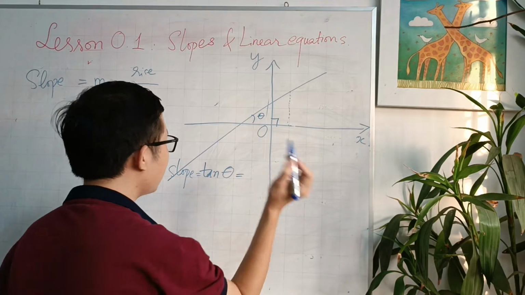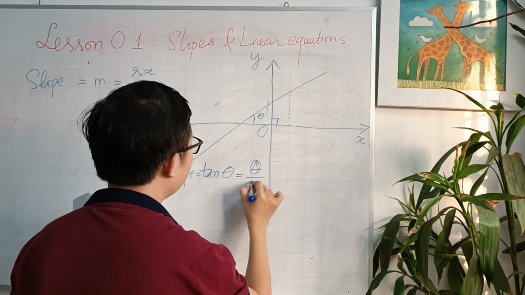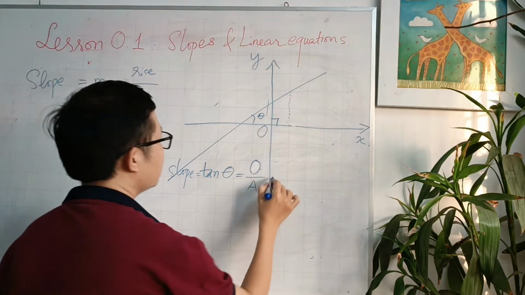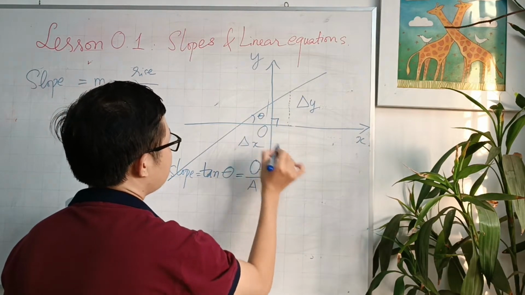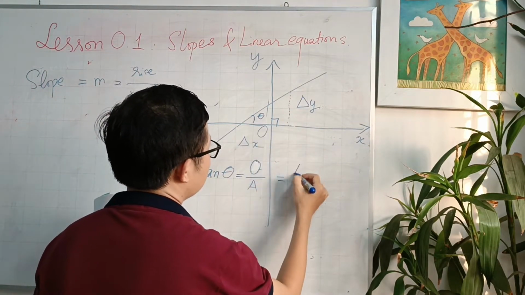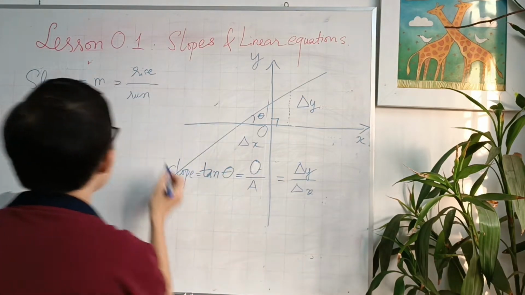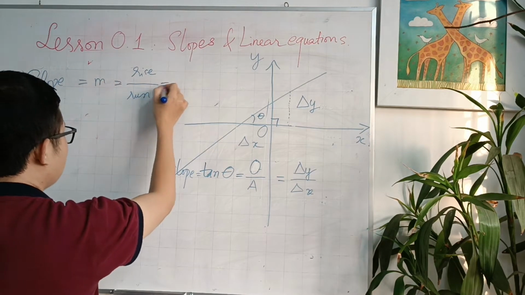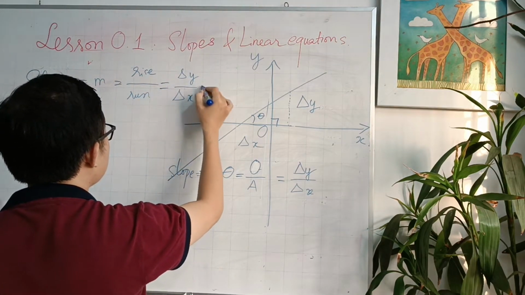In the SOH-CAH-TOA formula, we have opposite over adjacent. So it is delta y over delta x. So we can calculate the slope by the formula delta y over delta x.